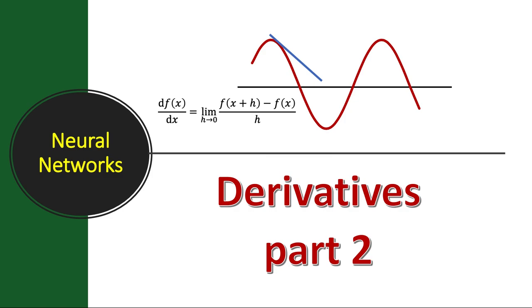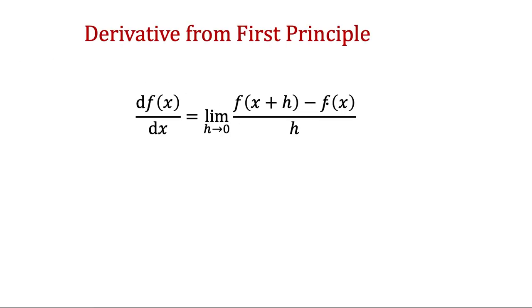So let's begin. Just as a brief recap, this was the derivative from first principles. If we have a curve, and this is, let's say, point x, and this vertical axis denotes f(x), then to calculate the slope or derivative at this point x, we nudge the value of x slightly to the right, that is, increment its value.